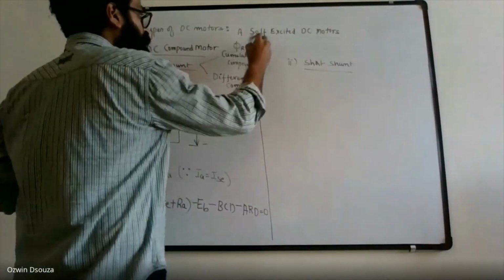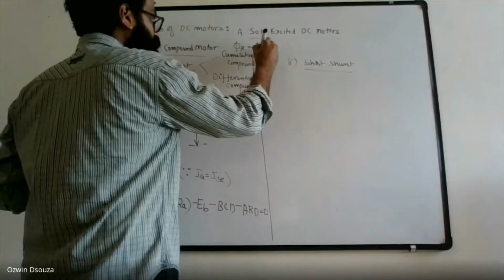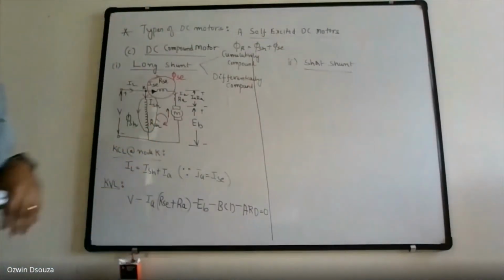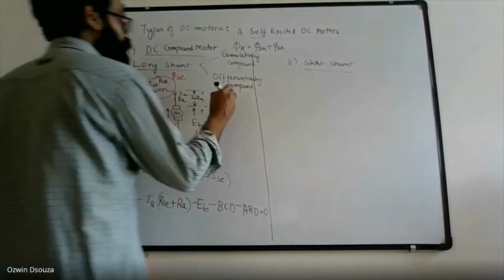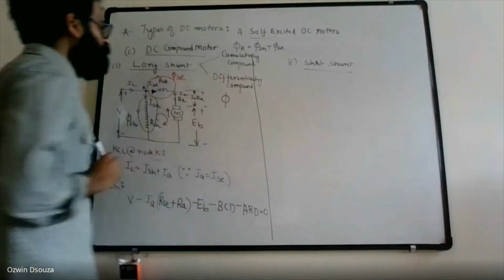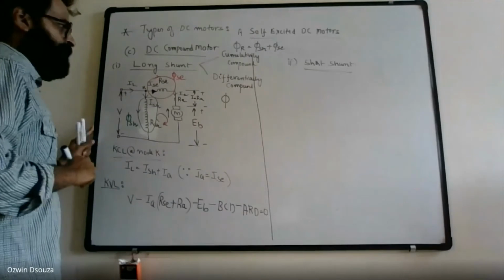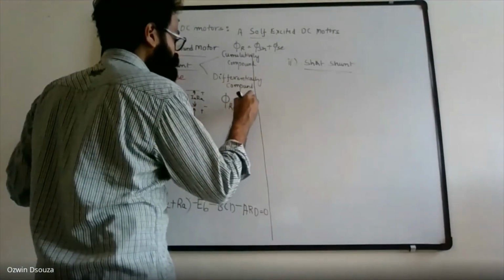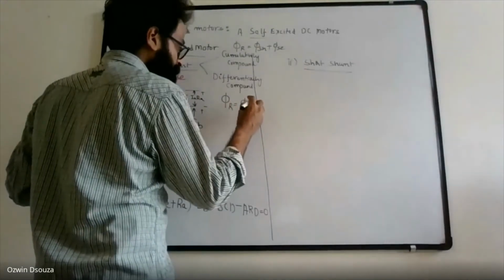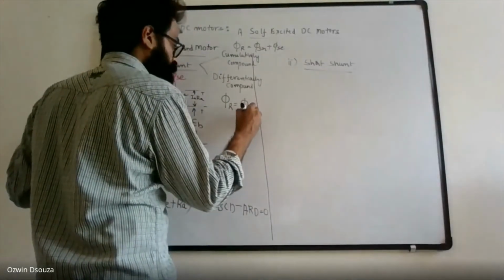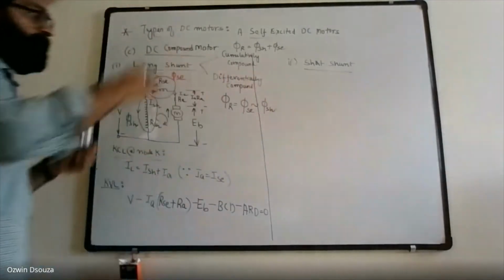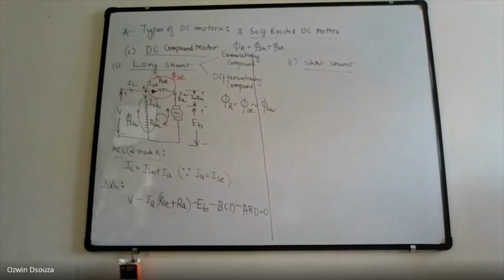Under cumulatively compound, the resultant flux is the addition of two fluxes, that is phi SH plus phi SC. On the other hand, in a differentially compound motor, the resultant flux is the subtraction of two fluxes, the difference of phi SC and phi SH.